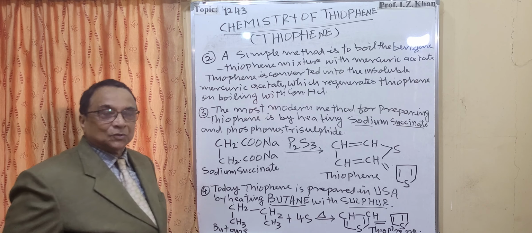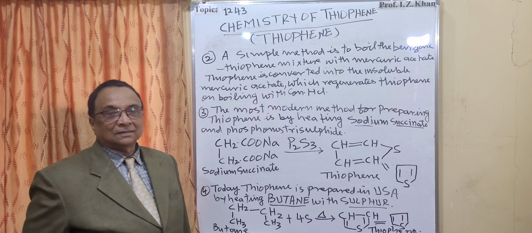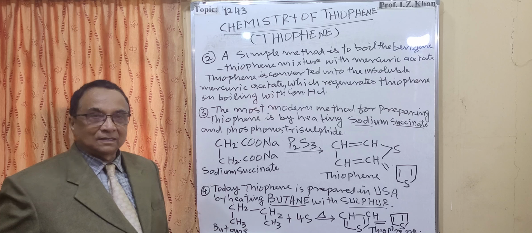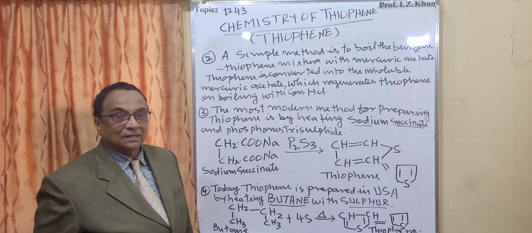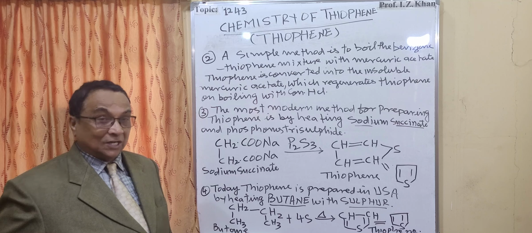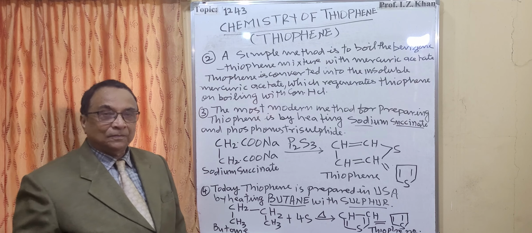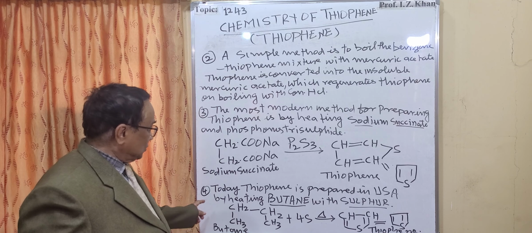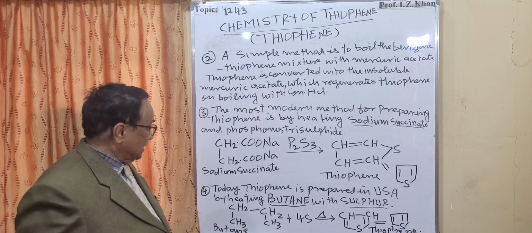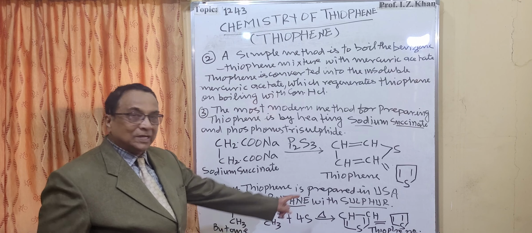Number four, today in America, that is the USA, I can say the most modern way is that butane, when heated with sulfur, is fully converted into thiophene. So today thiophene is prepared in the USA by heating butane with sulfur.